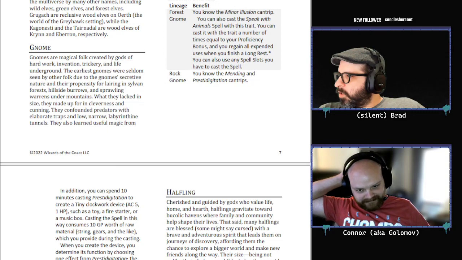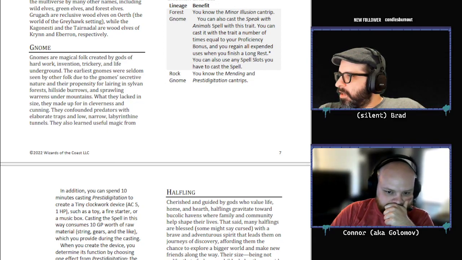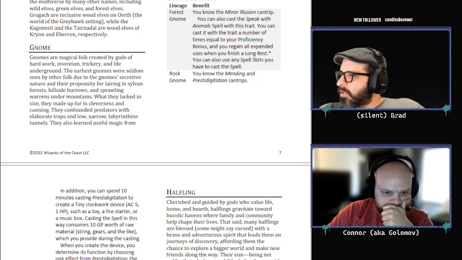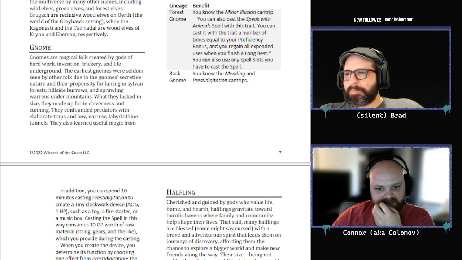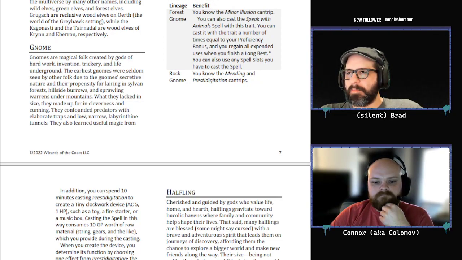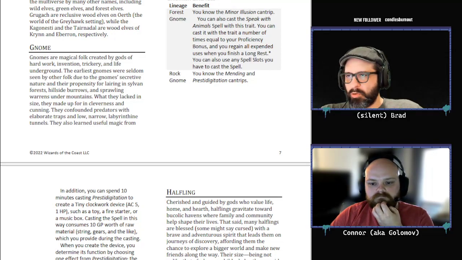Oh, and it looks like Deep Gnome, just like the Duergar, is legacy now. Interesting. So forest gnomes get Minor Illusion and Speak with Animals, which can be cast a number of times equal to proficiency bonus per long rest.